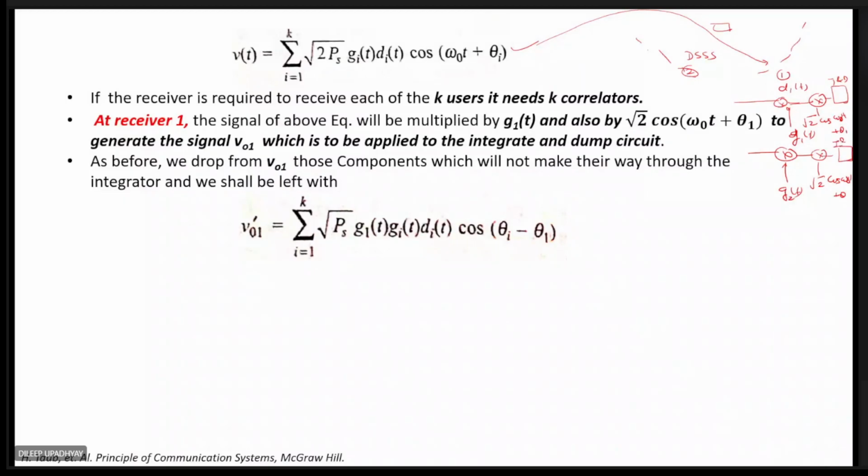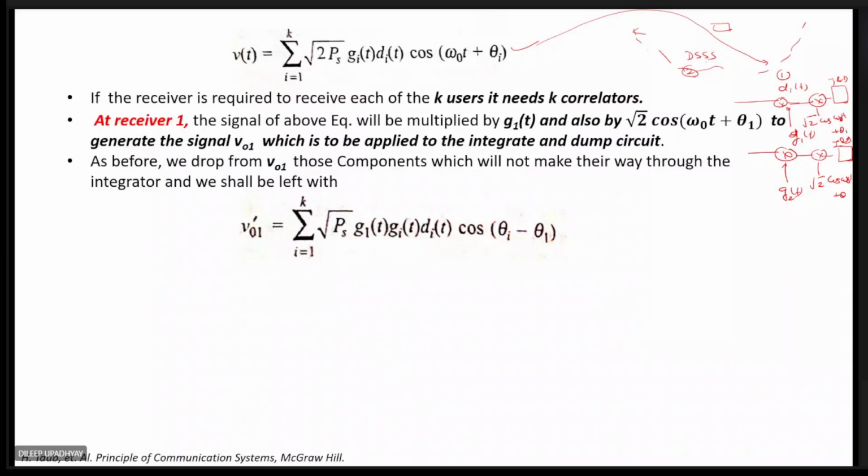So if there are k number of users, then there should be k correlators at each receiving side, so that this receiver can receive the data from transmitter 1, transmitter 2, transmitter 3, and transmitter k. So this is how the data is received.